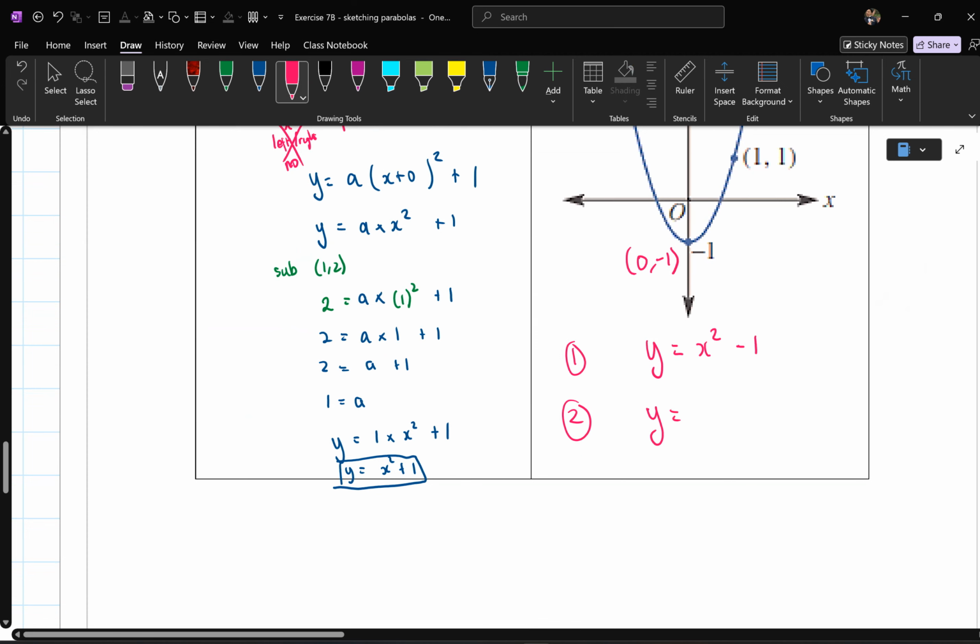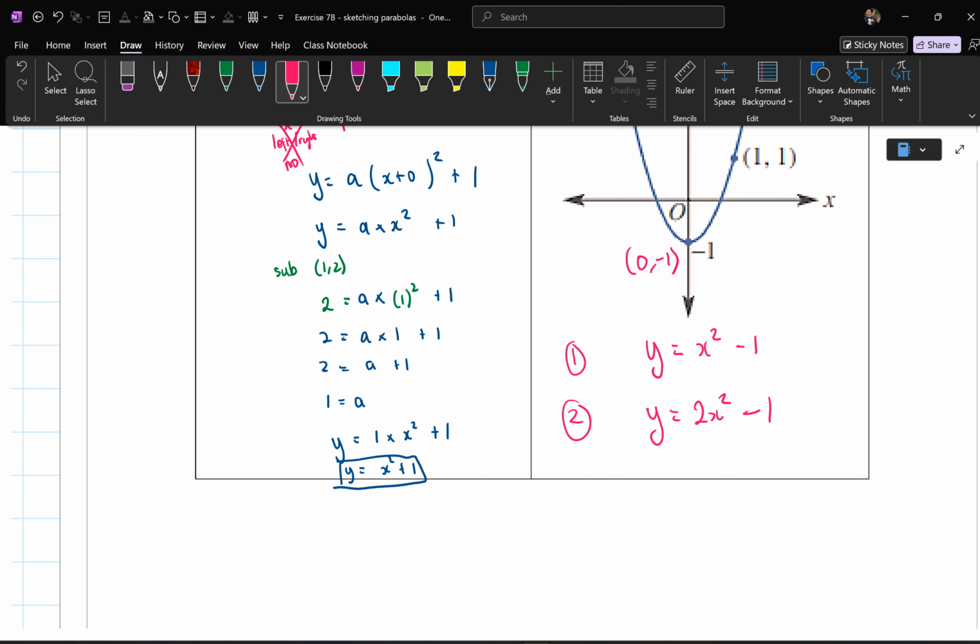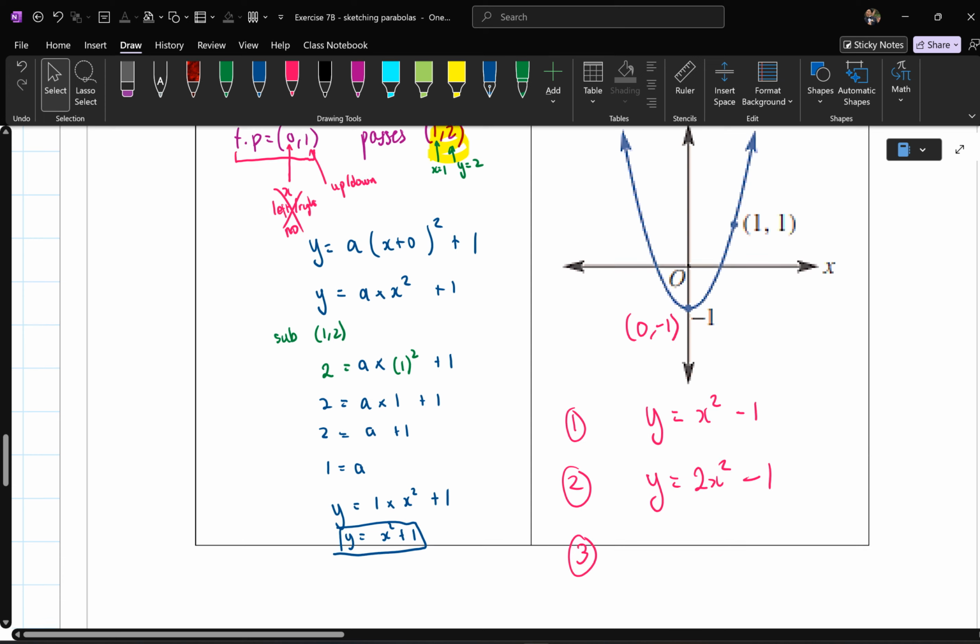Let's look at this. Y equals 2x. No, 2x. Is A equal to 2? That's what I got. Wait, is A equal to 2? Wait, guys, this is like minus 1.